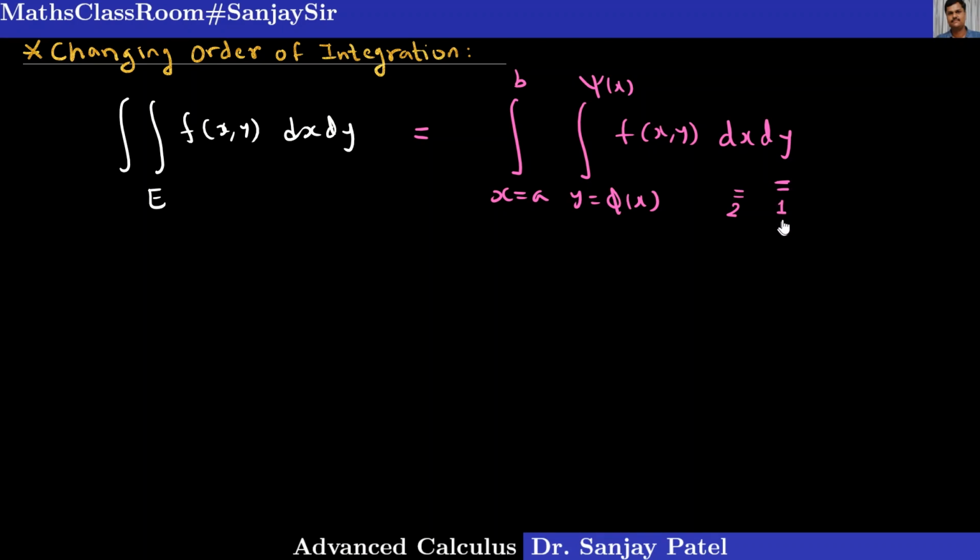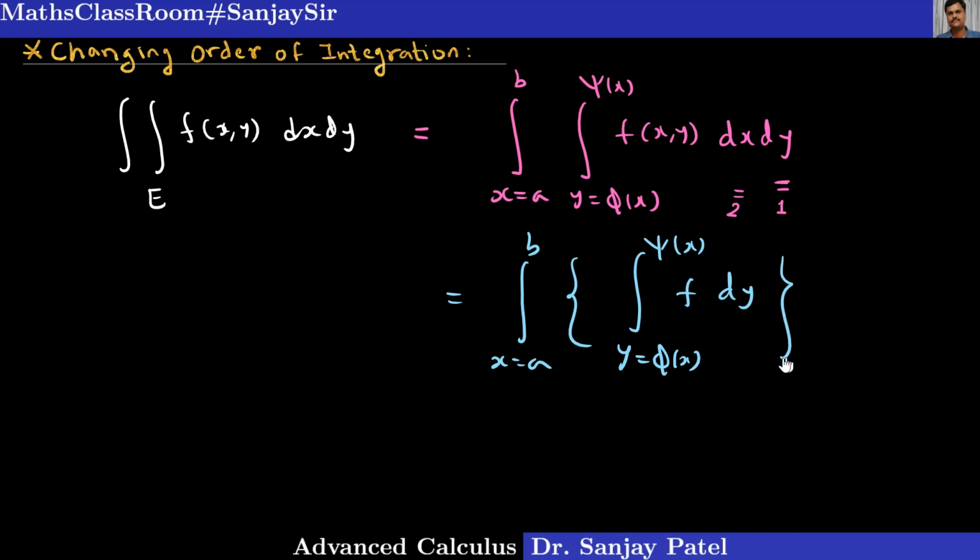More precisely, if you write this as x is equal to a to b and then y is equal to phi of x to psi of x, f dy and then dx, this means first this function is integrated with respect to y, keeping x constant, and whatever result we get, we substitute these limits of integration. So it becomes a function of x, and finally we integrate with respect to x and then put the limits.